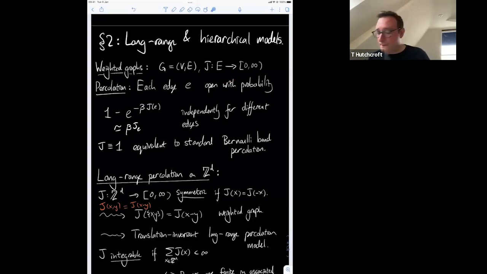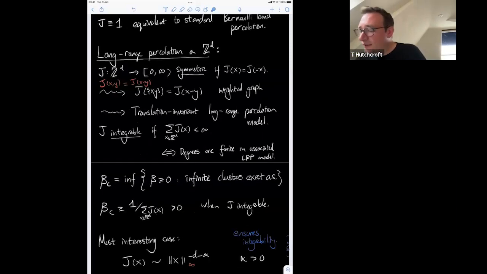In long-range percolation on Z^d, what we do is we take the grid and think of every pair of vertices as being an edge. So any pair of vertices can be included in our percolation configuration, but the j's are going to decay in some way.